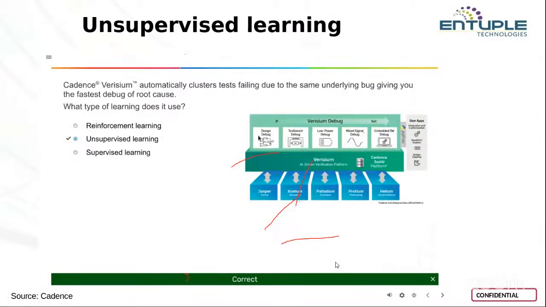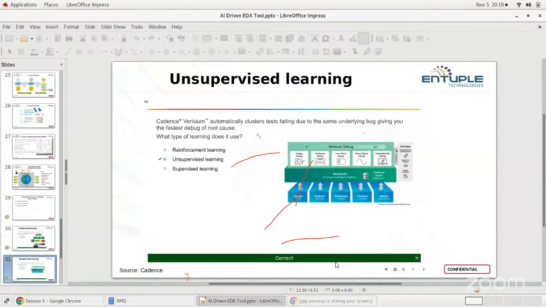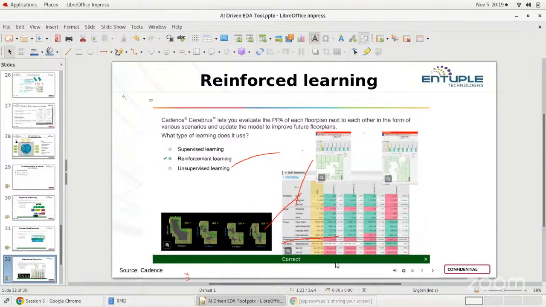Cadence Verisium, as I mentioned. Right, so these things will be there. The reinforcement method we are using with Cadence Cerebrus.